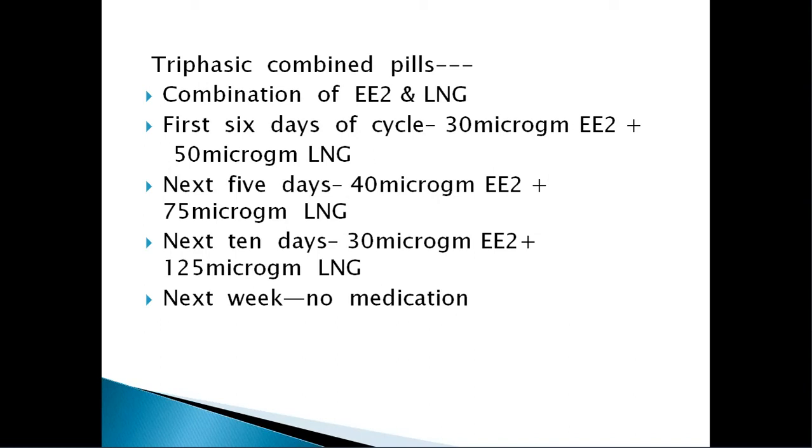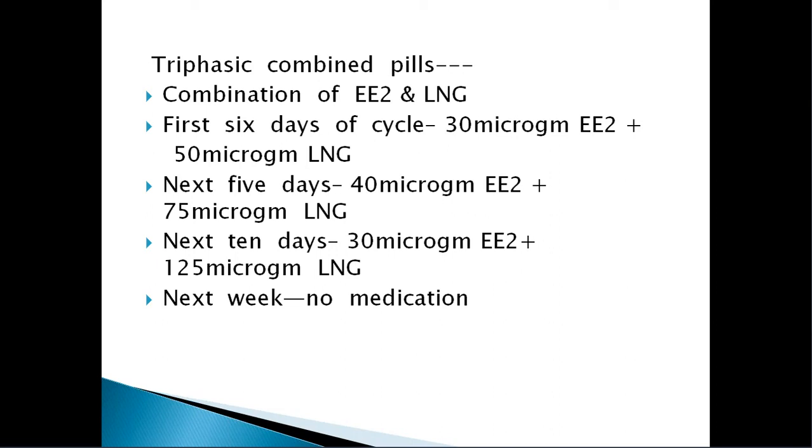But here there is no fixed dosage. The usual OC pills that we prescribe have fixed estrogen and fixed LNG or other progesterone content. But here the combination is made in such a way that on different days of the menstrual cycle, different amounts of estrogen and progesterone are present.